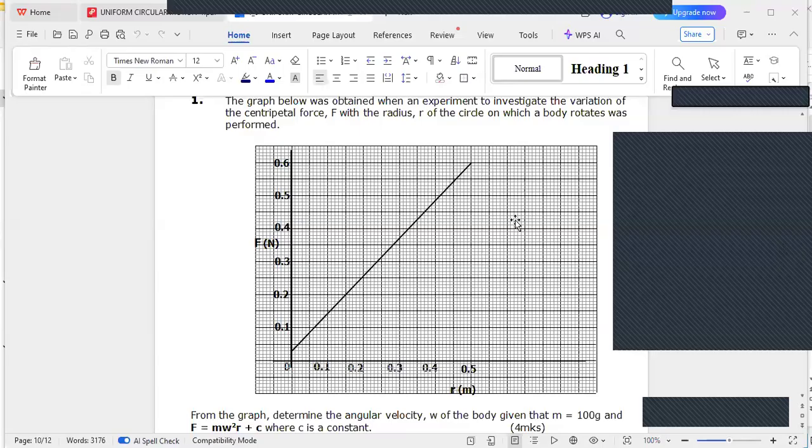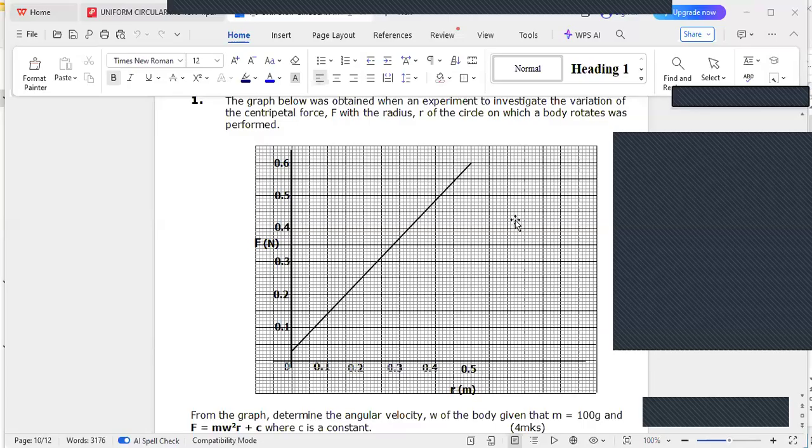When you cancel them off, it's so as to be left with the figures that are not involved in the equation, as in, you'll be able to remove force and radius by comparing. Yes. Right.